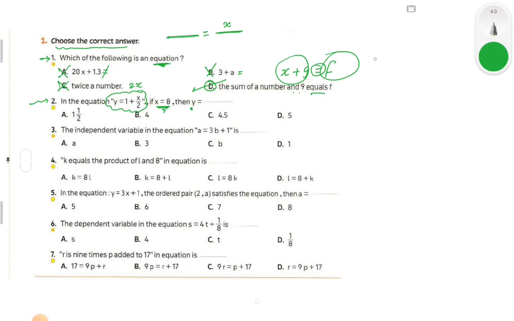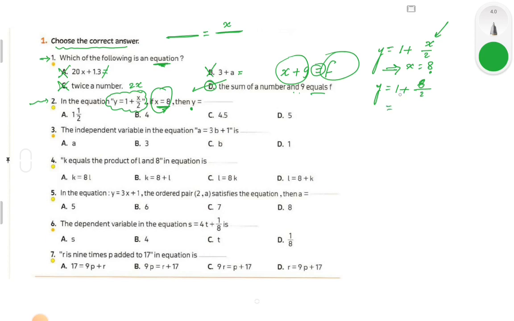Note with me, I have y equals 1 plus x over 2. I have x equal to 8. I will substitute this x by 8. Now y equals what? 1 plus 8 instead of x over 2.